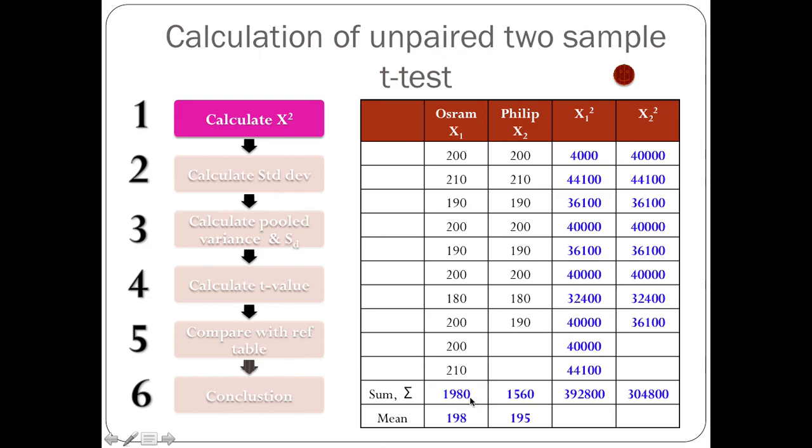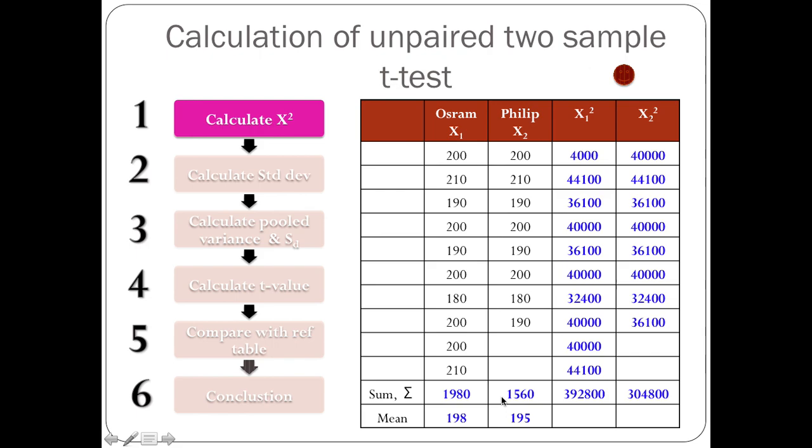So the sum of Osram x1 is 1980. How do you get the mean? It's 1980 divided by the sample size, which is 10. Therefore, you get the mean of 198.